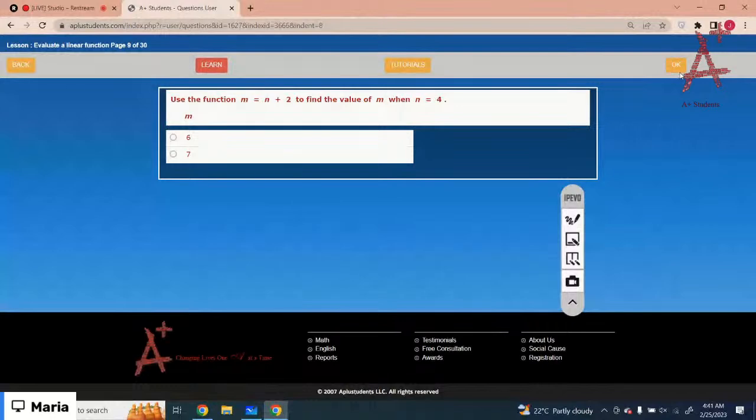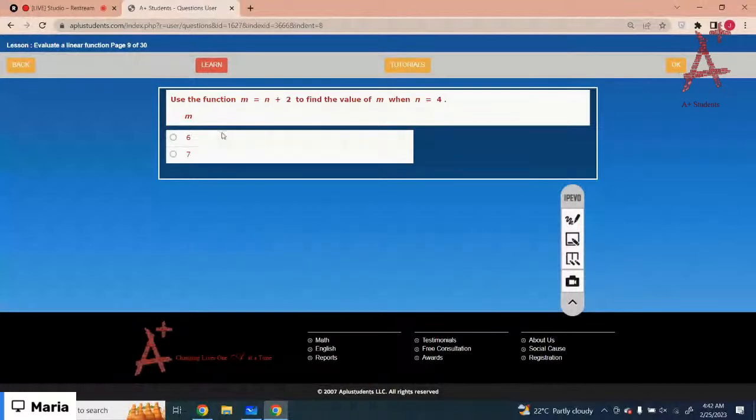So just replace the n with the value, so 4 plus 2 equals, very good, it is 6.